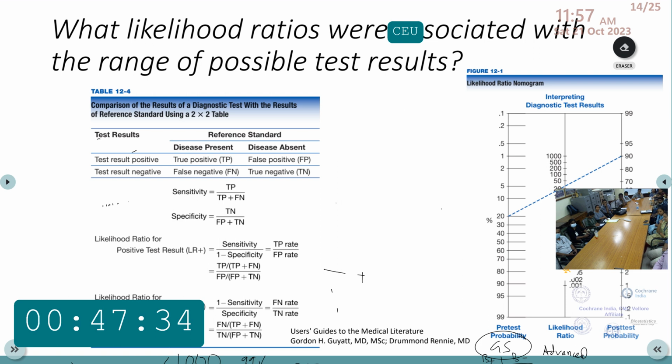Similarly, a negative likelihood ratio is the false negativity rate divided by the true negativity rate. That is, out of all those who had the disease, how many tested negative, divided by out of all those who did not have the disease, how many tested negative.